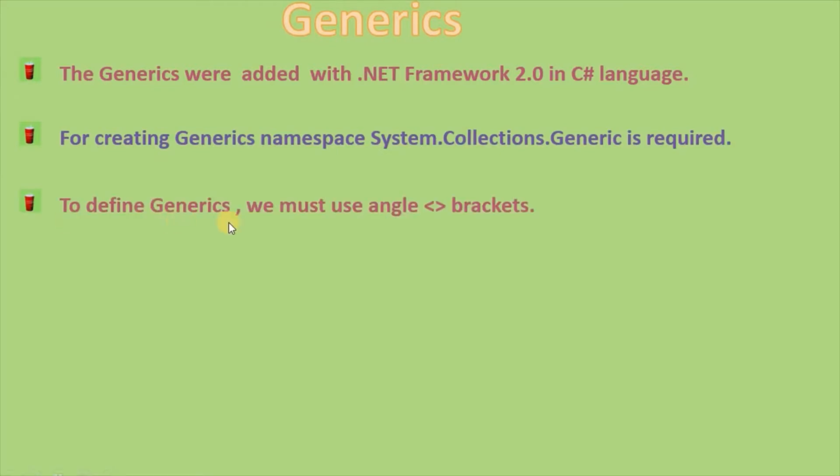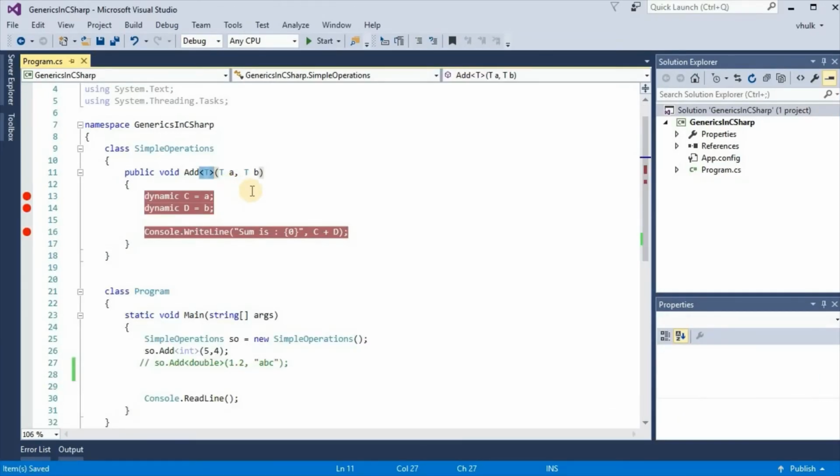To define generics, we must use angle brackets. For creating a generic method and for mentioning the data type of values, we need angle brackets.